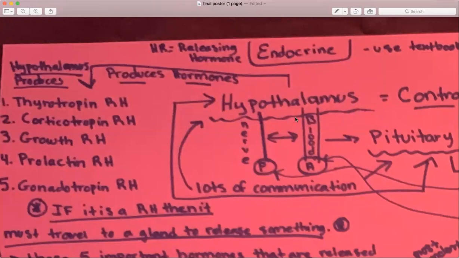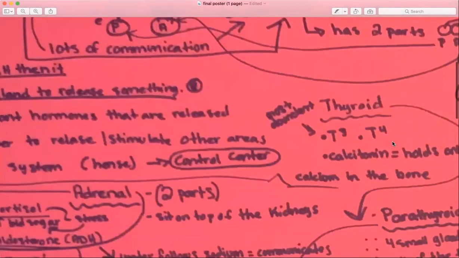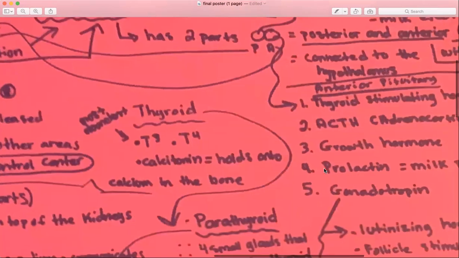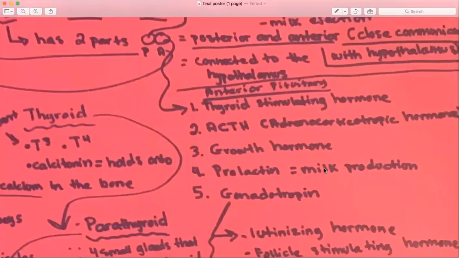So the hypothalamus travels through the blood to tell your anterior pituitary gland to release prolactin. Remember, A is anterior, P is posterior, from our pituitary master gland. We go down here, prolactin, because I need milk production, because maybe I'm getting ready to have a baby. So it's telling me, okay, it's time, let's start producing.